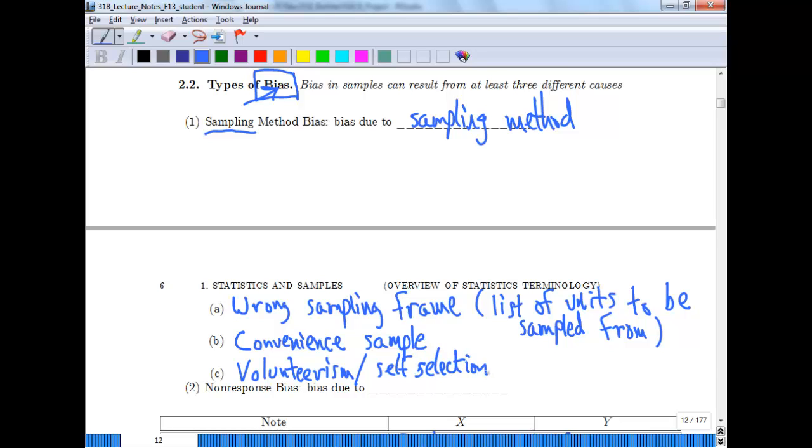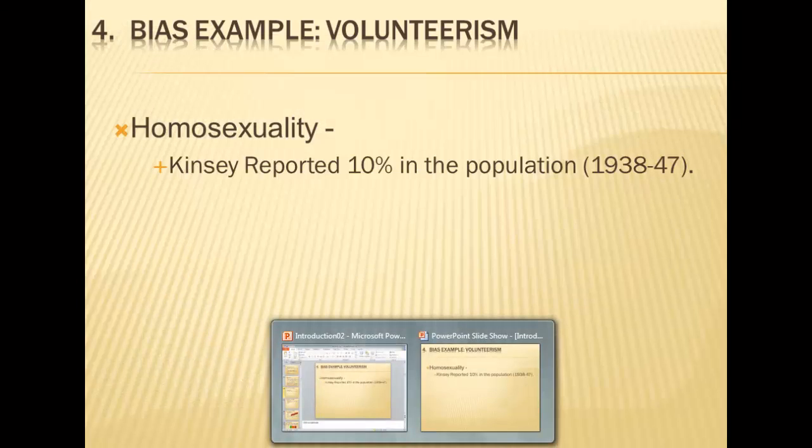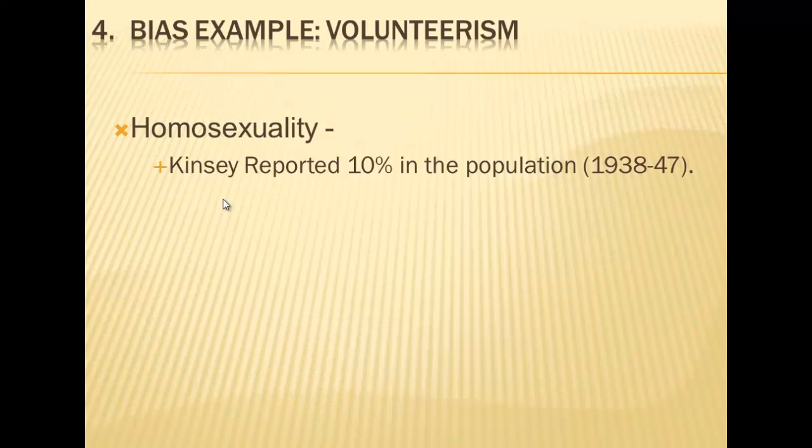Now, I have an example of this. Let's pop over here. Okay. In the 1930s, researcher Alfred Kinsey, if you've heard of the movie or if you have thought about watching it, I'd recommend you don't.